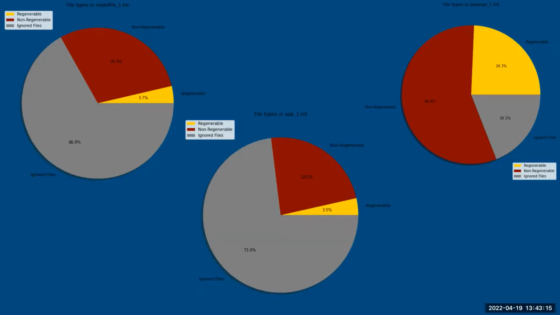The first 2 pie charts are for the makefile and application traces, and they look very similar and show a high number of ignored files and a small number of regenerable files, with close to a quarter of the files being non-regenerable. And the browser strace has a higher percentage of non-regenerable files with a decrease in the ignored files and an increase in regenerable files. And those are usually temporary files.